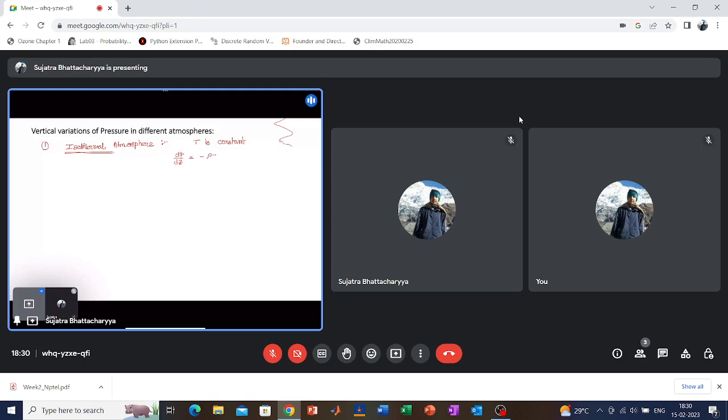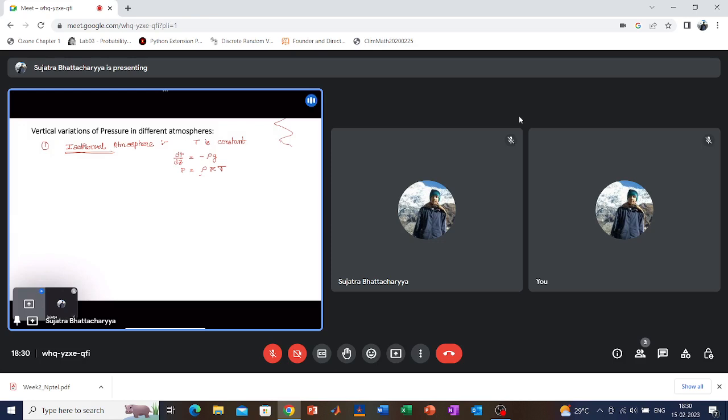And p is also equal to rho R T. Now what is this R here? This R is the specific gas constant, not the universal gas constant, because I will write the universal gas constant with R star. I have already shown that when you write the ideal gas equation in terms of density or specific volume, R should be the specific gas constant.